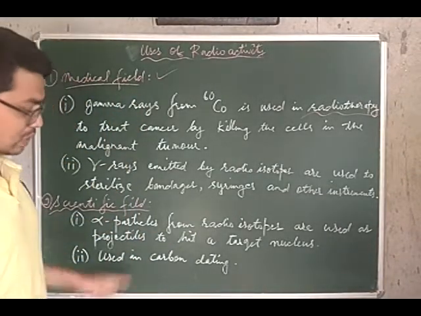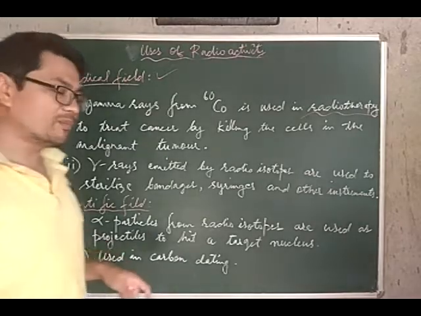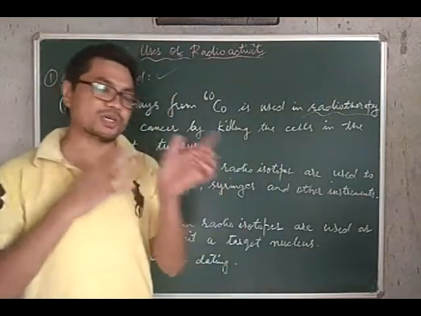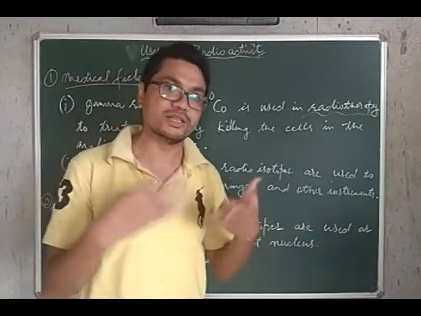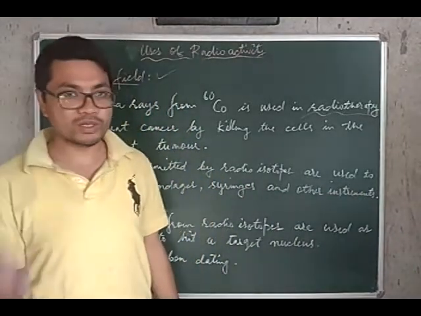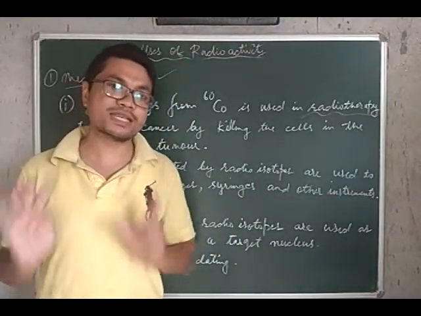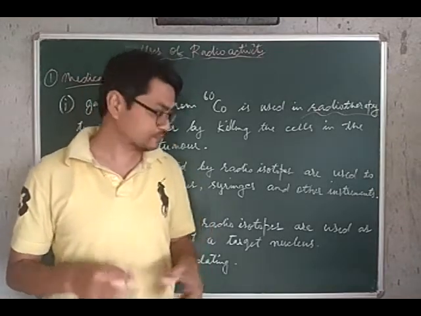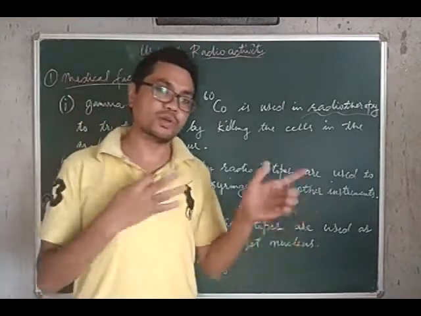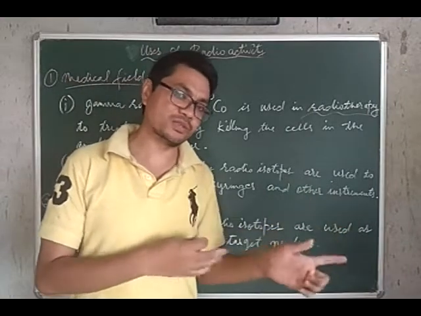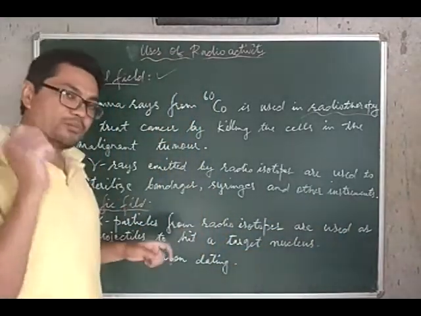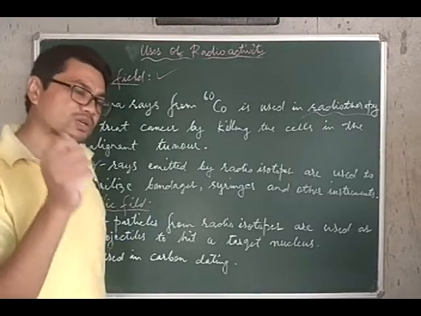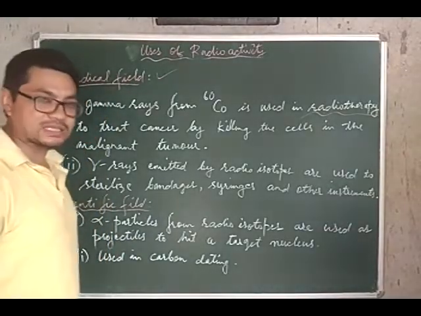And talking about scientific uses, alpha particles from different radioisotopes are used to bombard some target nucleus. If you have heard about Rutherford scattering, I don't know whether you've studied about it in your chemistry also or not. In the Rutherford scattering experiment, Rutherford bombards a thin gold foil with alpha particles.